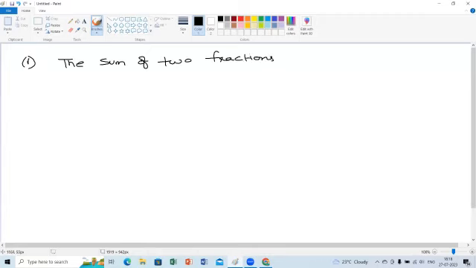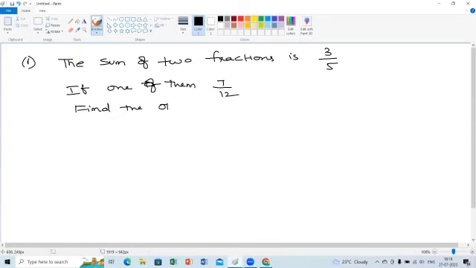The sum of two fractions is 3 by 5. If one of them is 7 by 12, find the other fraction.